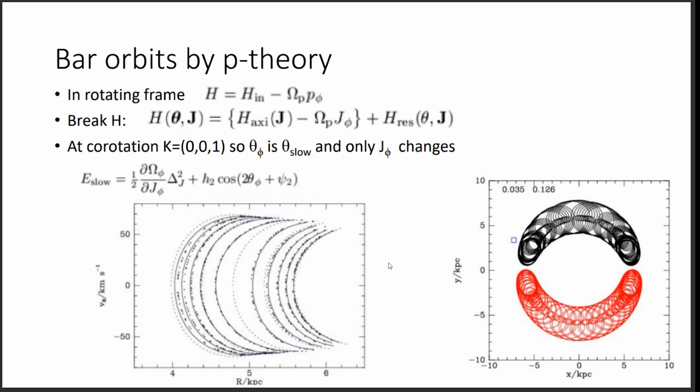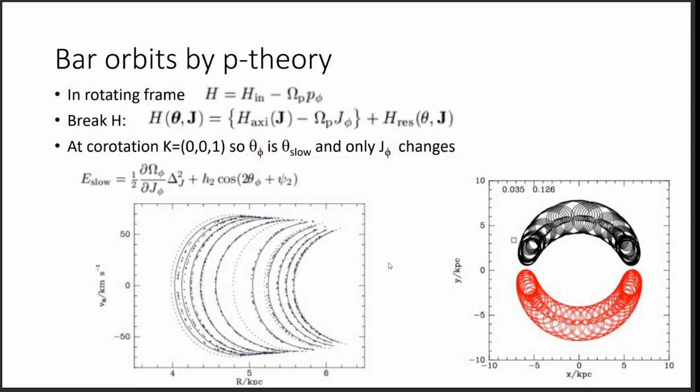So the slow angle is theta phi, the angle variable associated with the azimuthal angle, and that's theta slow. And the conjugate action that changes a lot is J phi. The other two, the two fast actions which are conserved, are in fact J r and J z.